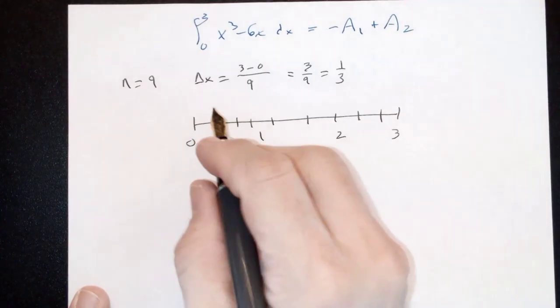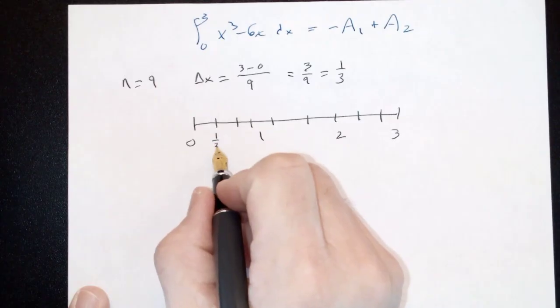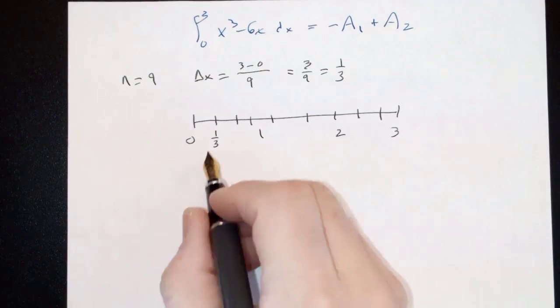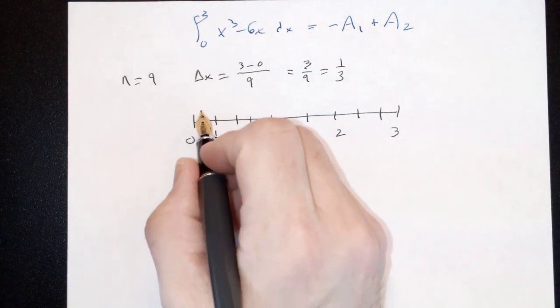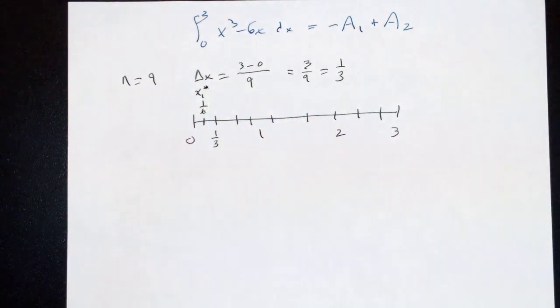This is the first rectangle. Its left edge is 0. Its right edge is 1/3. What's the middle of that interval? Add the two together, divide by 2. That's x1 star.